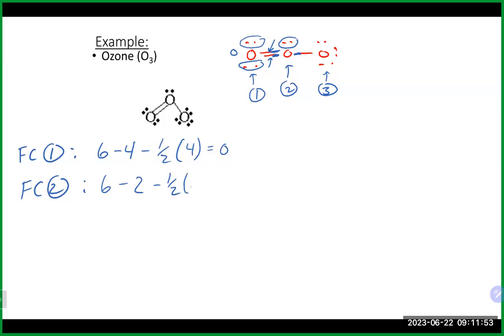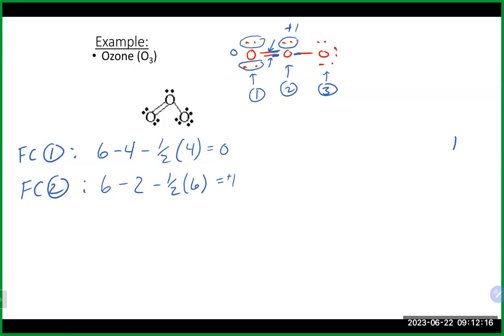So 6 minus 2, which is 4, minus 1/2 of 6, which is 3. That's 4 minus 3. There you go. That is going to be a +1 situation. So that has a +1 formal charge on that particular oxygen.